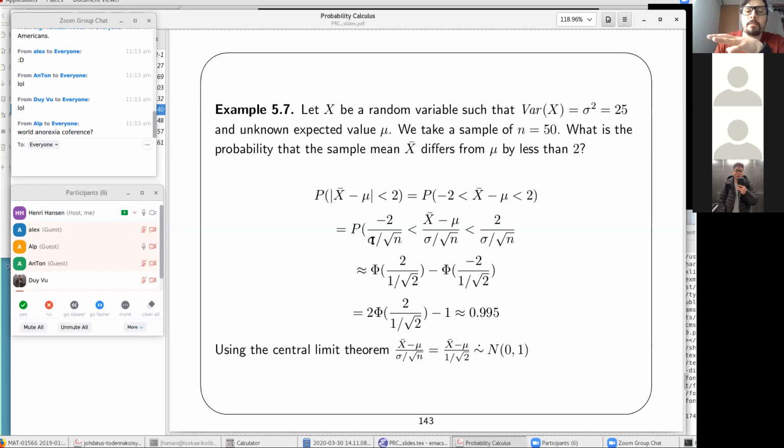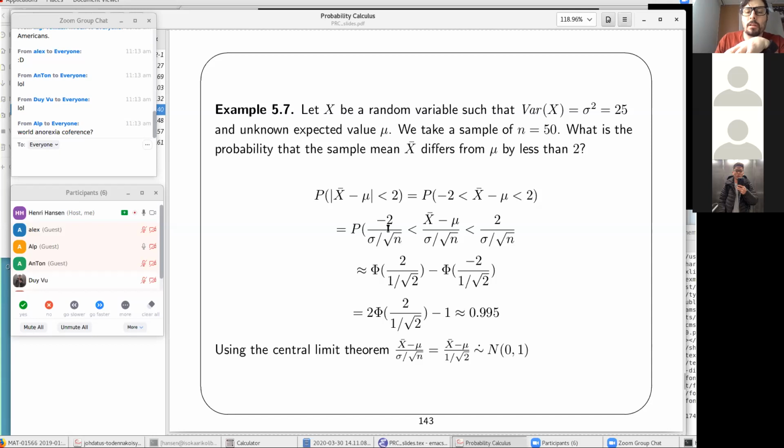And then we divide by sigma over the square root of n to get the normal. Now here emerges the normalized x. And if we punch in the numbers, the square root of 25 is 5, and n is 50. So we take the square root of this proportion, that's 1 over 2, so the square root of that is 1 over the square root of 2.